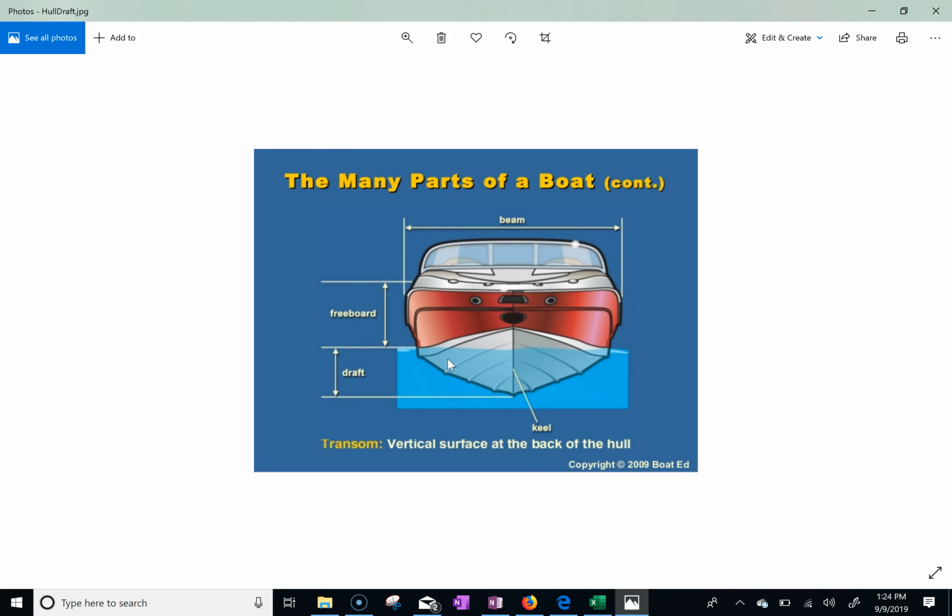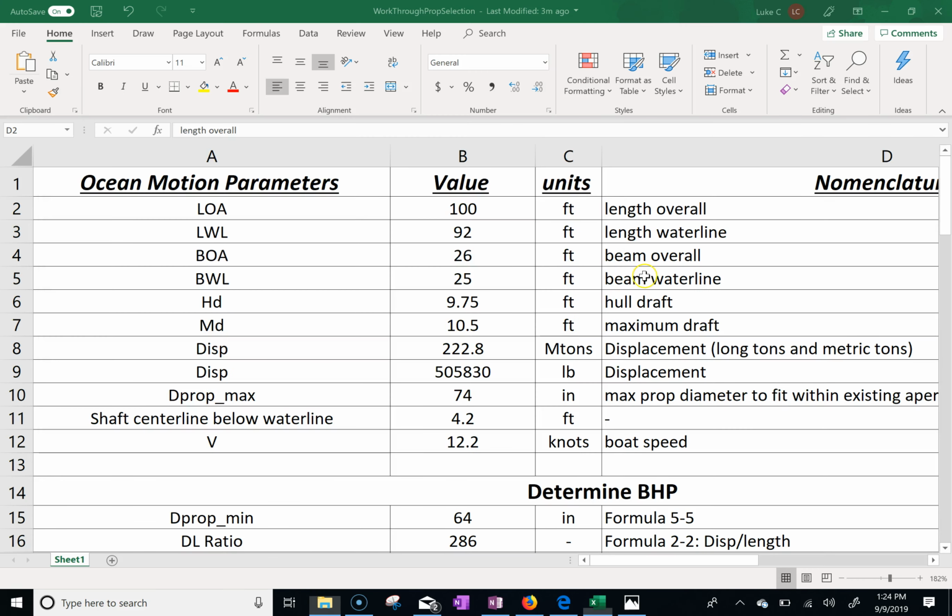So just to get an idea of what we're looking at, the draft, where the water line is, all the way to the bottom. And the beam is the width. And then the beam water line, if you notice, this is thicker, but not where the water is. For probably smaller boats, they're probably all the same.